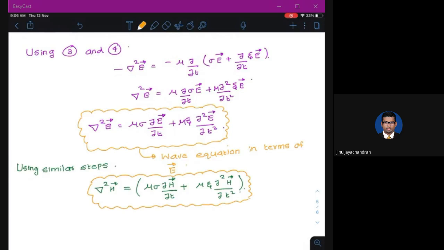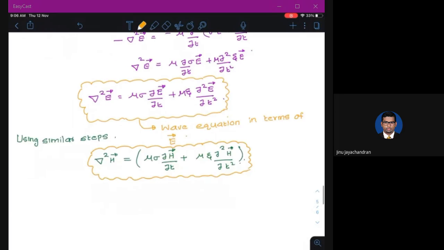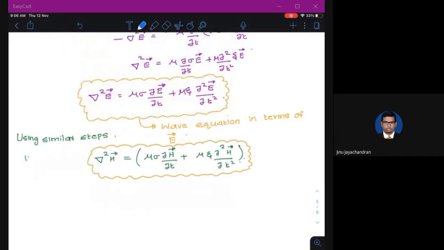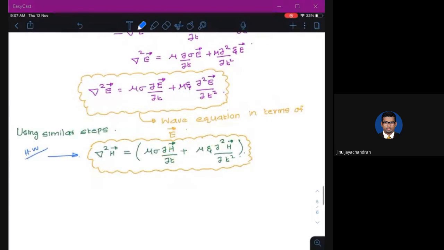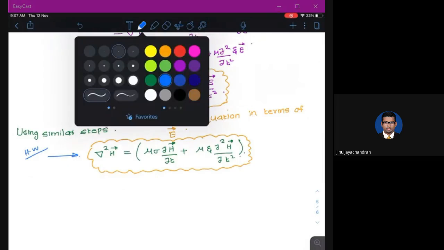Okay. So I give you this as a homework where you derive the wave equation in terms of magnetic field. And you can also derive the wave equation in terms of the point form. Okay.